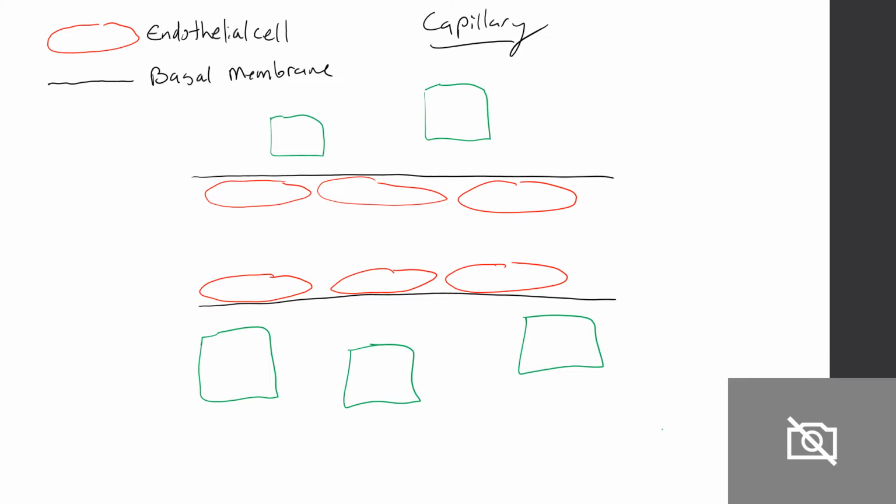You can imagine that if this end is the arterial end, and over here is the venule side, blood is flowing through the capillary in that direction. The green boxes you're seeing are individual cells, and they don't represent any particular cells. And the fluid surrounding the cells is the interstitial fluid.